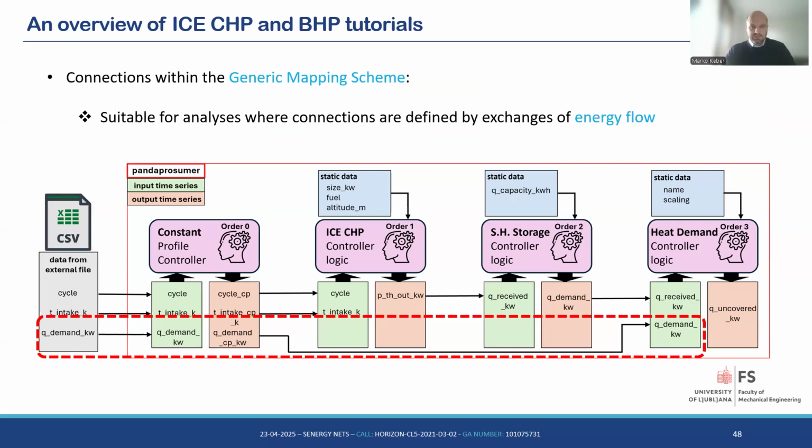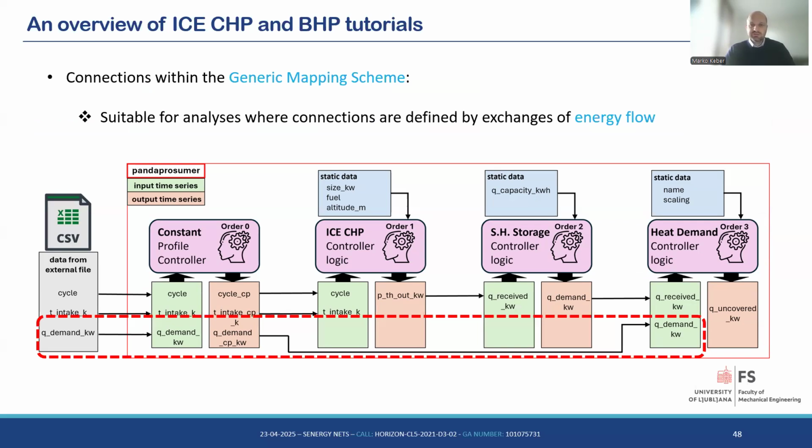Another important element here is the connection between the different components. As you can see here, the elements are connected by a single arrow. That implies that we are using the generic map scheme, and it means that we are connecting the models using energy flows.